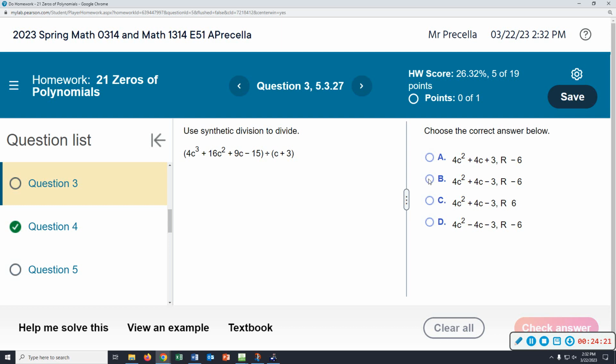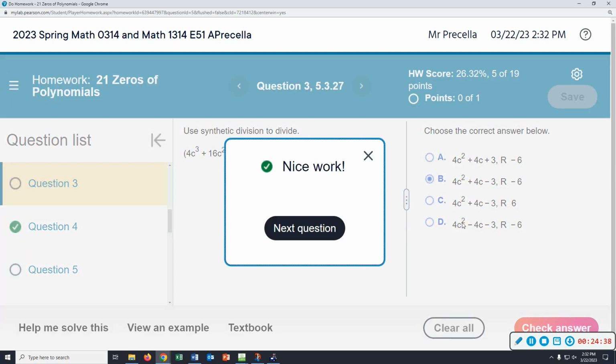How do A and B differ? Oh, the 3 positive versus negative. I think it's B. How do B and D differ? Okay, this 4 here is negative. Oh, wow, you have to look really close.